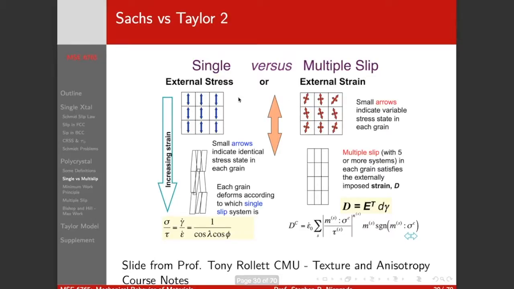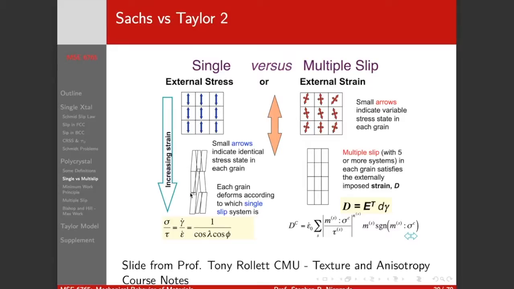All right. So let's look at these a little carefully. If we consider only a single stress in each grain, right? That's perfectly aligned with the macroscopic tensile stress. Each one of these grains is going to activate different slip systems.